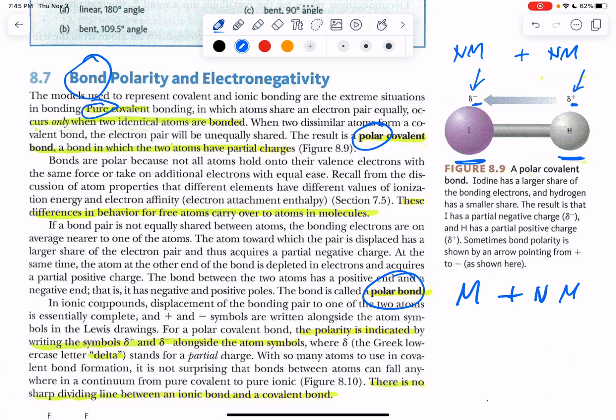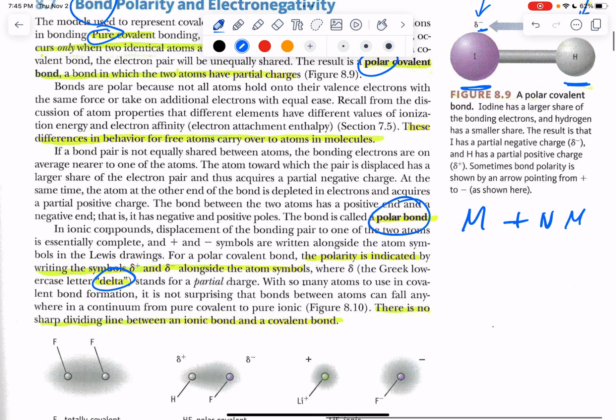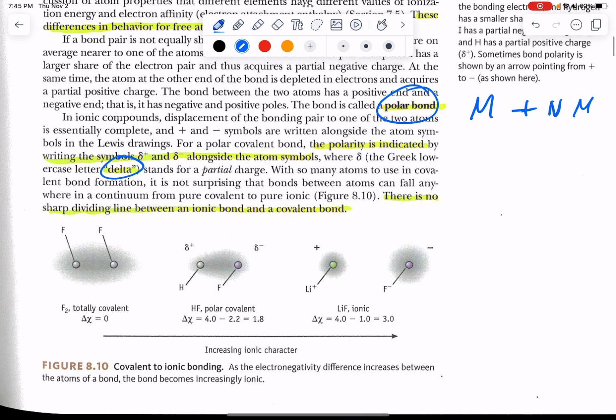Now, down here is where I talked about delta and the positive and negative. Notice there is no sharp dividing line where we can say that we've magically or mathematically gone from being covalent to being ionic, but I still think the best way to discern that is this: a metal plus a nonmetal is always going to be ionic, unless the 2 atoms are identical, in which case it's pure covalent.